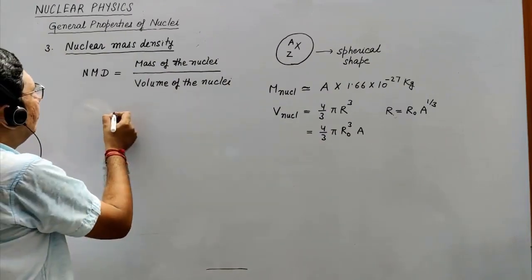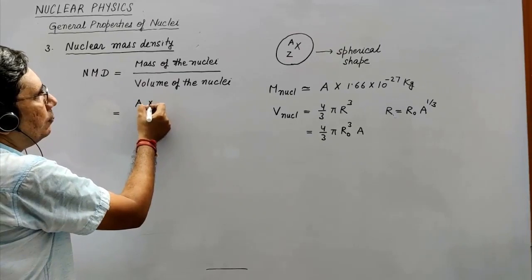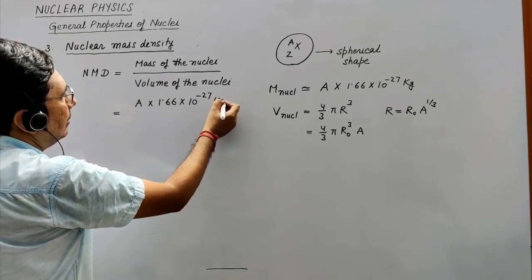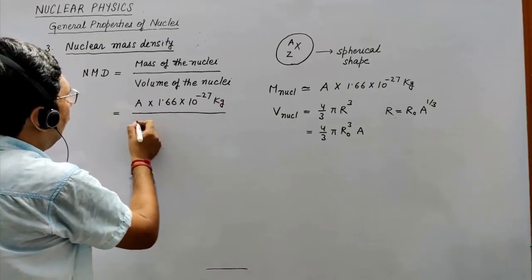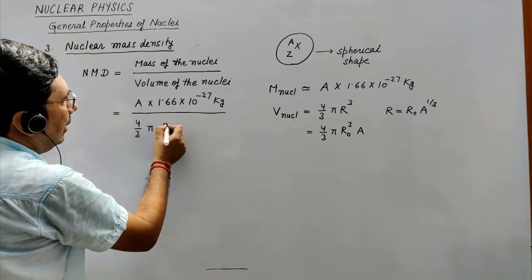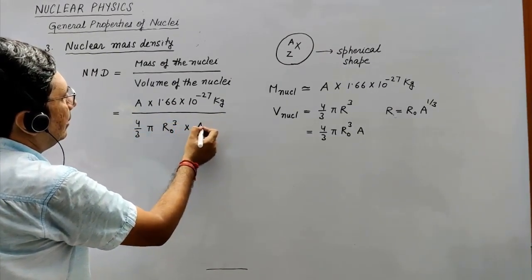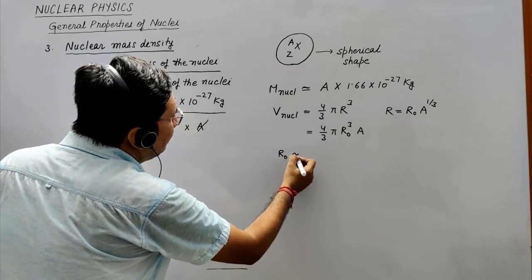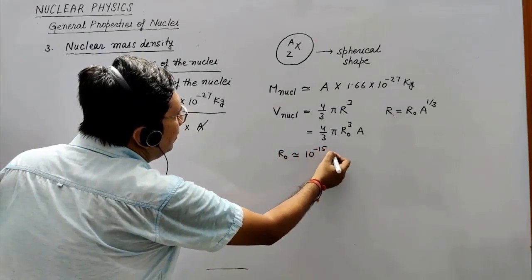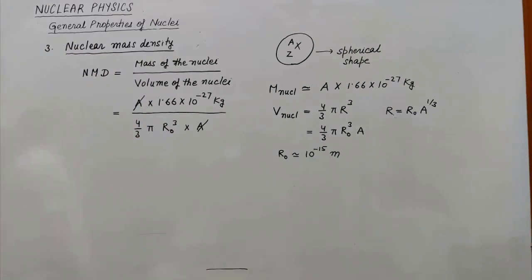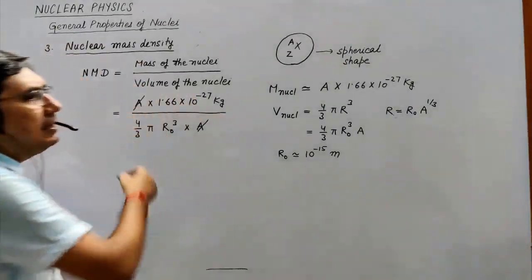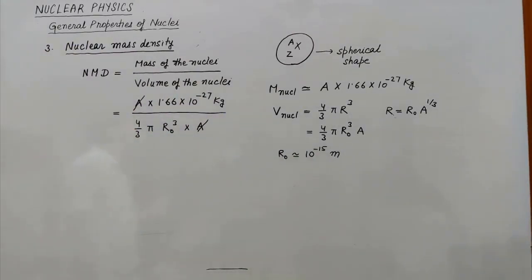Now substitute these values here. So this will be equal to A into 1.66 into 10 power minus 27 kg divided by 4 by 3 pi r naught cube into A. This A will be cancelled out, and this r naught is roughly 1.2 into 10 power minus 15 meter, but we can write that r naught is approximately equal to 10 power minus 15 meter, because here we are interested in calculating the order of the nuclear density.